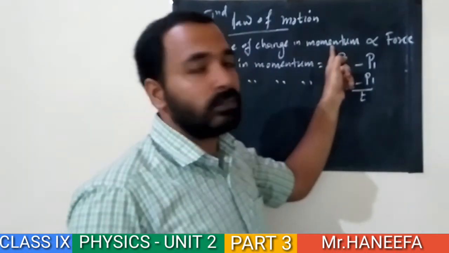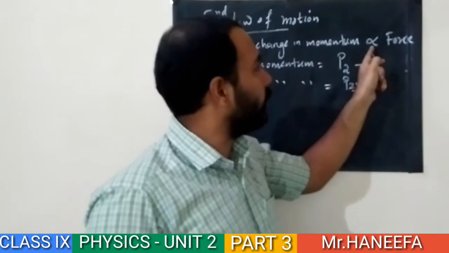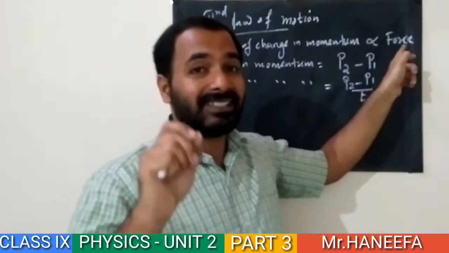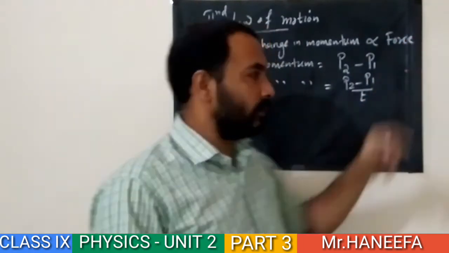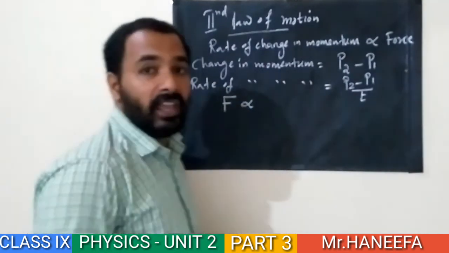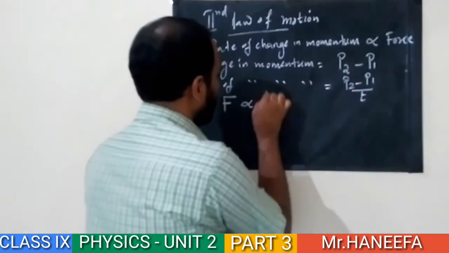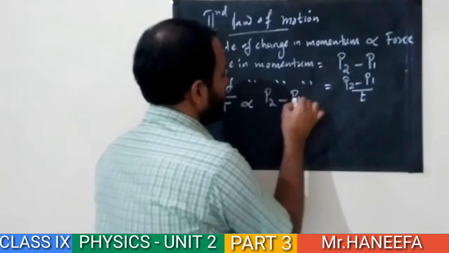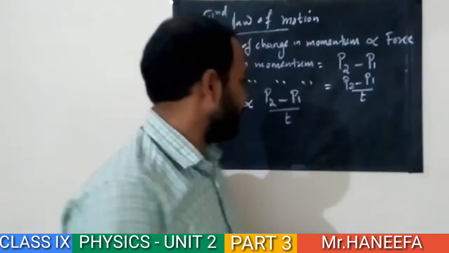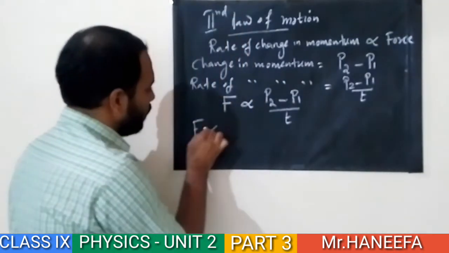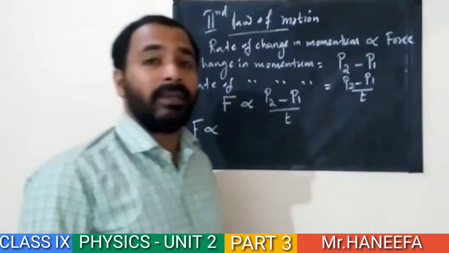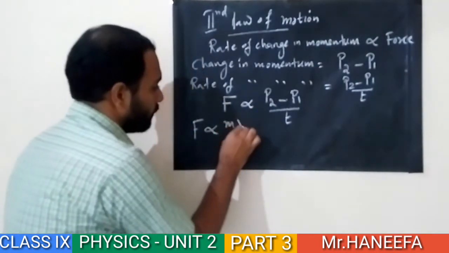This rate of change in momentum is directly proportional to the applied external force. Force is represented by the letter F. So F is proportional to P2 minus P1 by t. What is P2? The final momentum, mv.